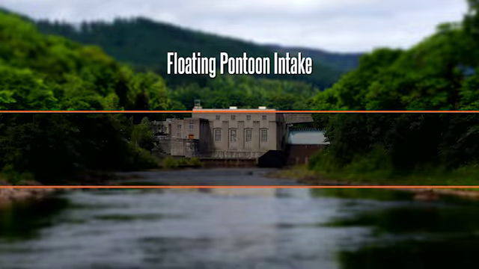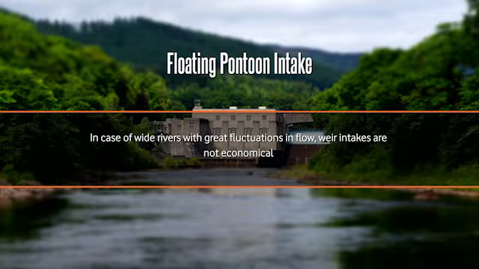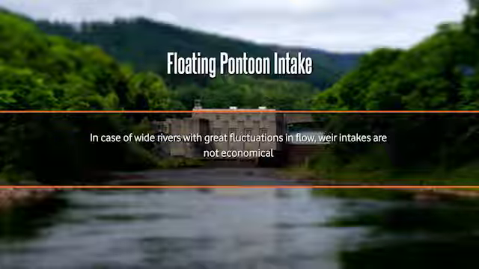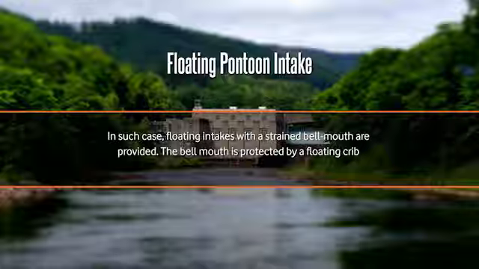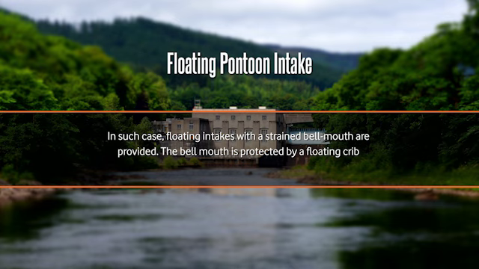Floating pontoon intake. In case of wide rivers with great fluctuation in flow, weir intakes are not economical. In such cases, floating intakes with a strained well mouth are provided. The well mouth is protected by a floating crib.